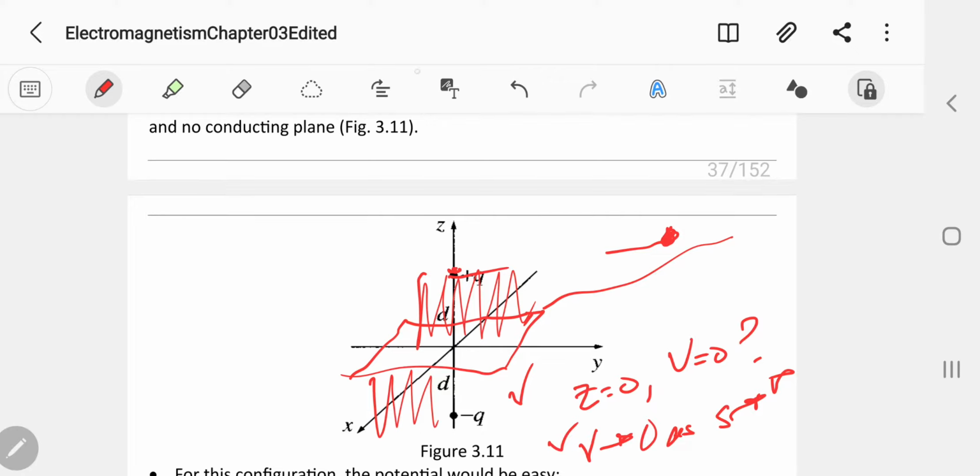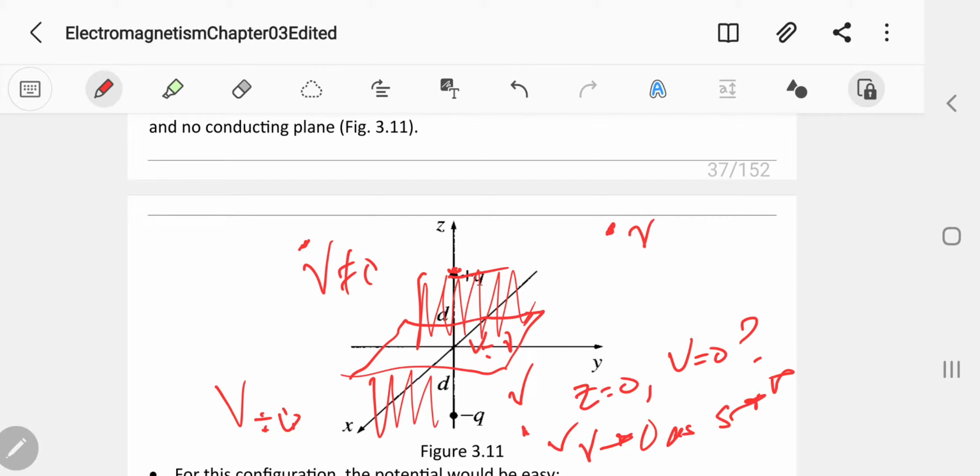Here, the points are located here. Below the plane, of course, the potential would be 0 because the potential in the plane is equal to 0, and below the plane, of course, there is no charge. So the potential would be 0, and only at these points here is V not equal to 0.